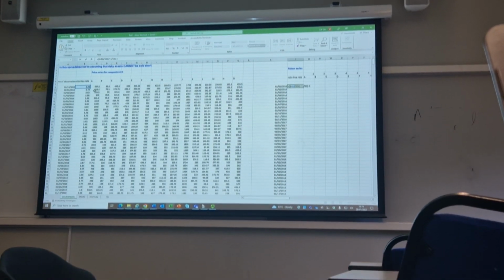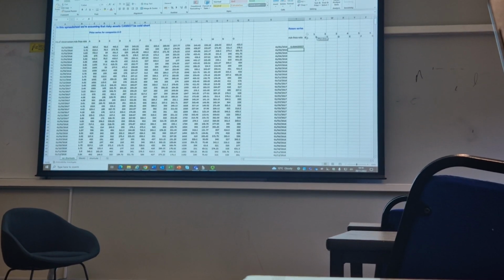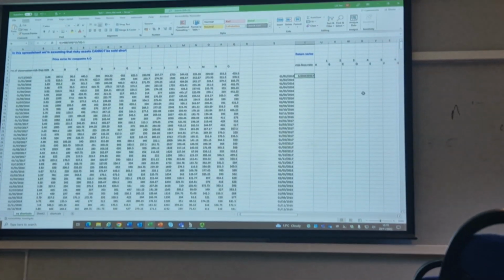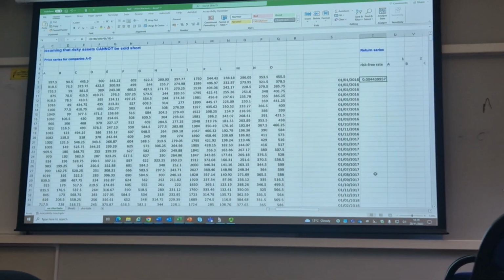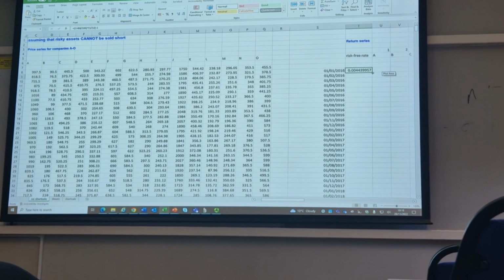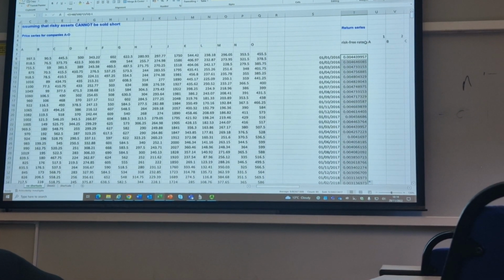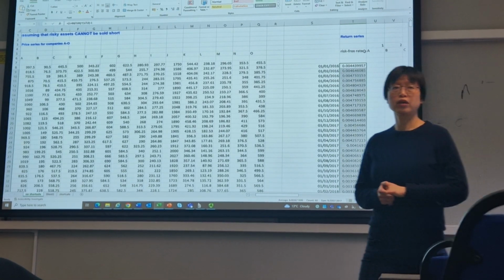This is how we get the monthly return. This converts the annual rate of return to monthly, and we can just double-click and get all the returns of the risk-free asset.